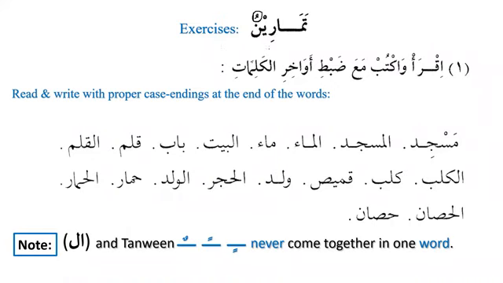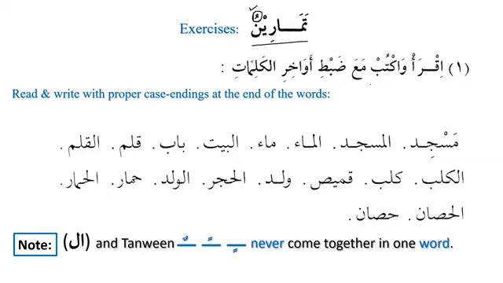And similarly here we have tamarinu, it is on the pattern of mafa'ilu. If you refer back to the lesson about partially flexible nouns, we discussed some categories and also some patterns. This is one of the patterns, mafa'ilu. And if a noun comes on that pattern, then it will not accept tanween.